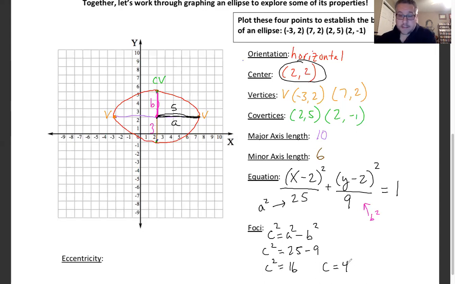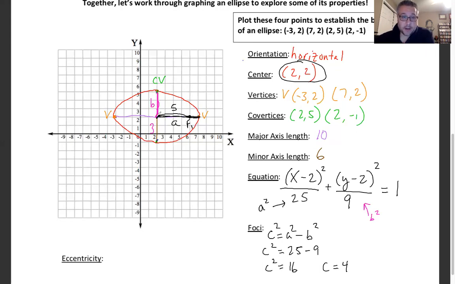And that's the distance from the center to each foci. And the foci always lie on the major axis, or the bigger way. So if we start at the center here, I'm going to count 1, 2, 3, 4. So that's one foci, or one focal point. We could call it F1.